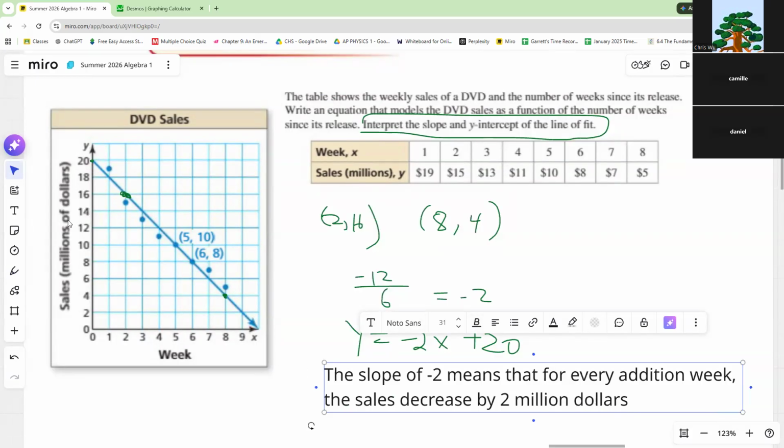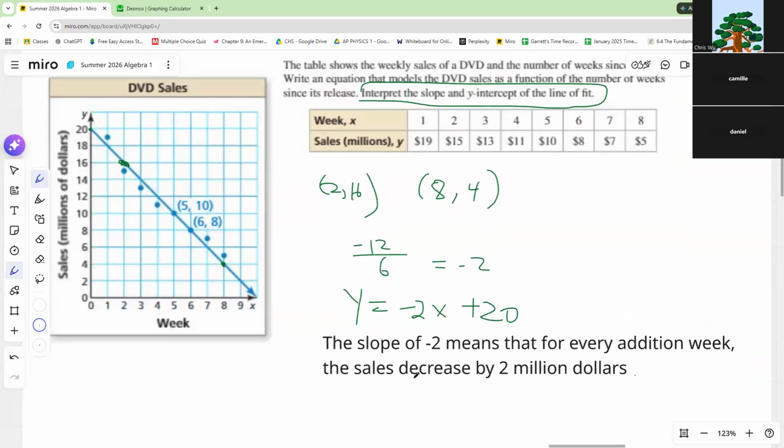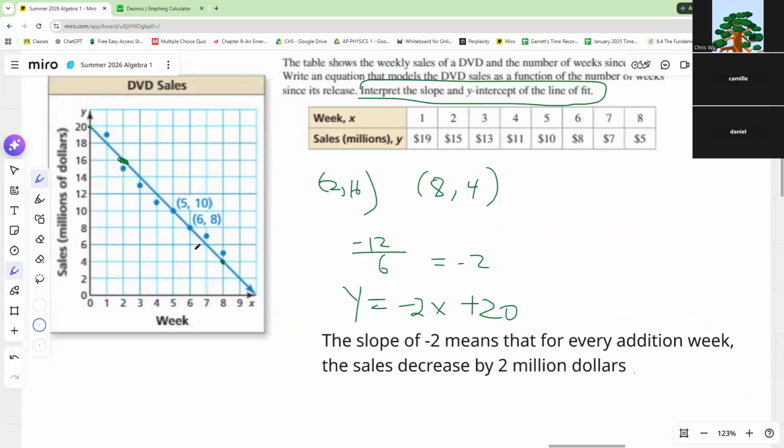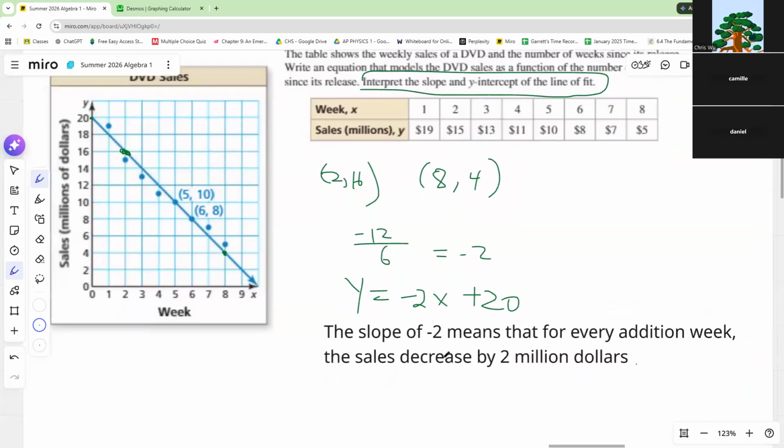Because if I look at the scale on the y-axis, sales, millions of dollars, it's dropping down by 2. So therefore, that's what it is. Okay, and that's a meaningful thing. Every additional week decreases sales by $2 million.